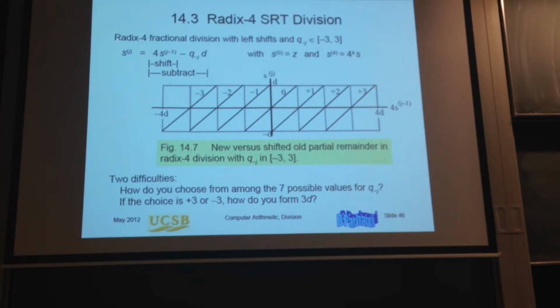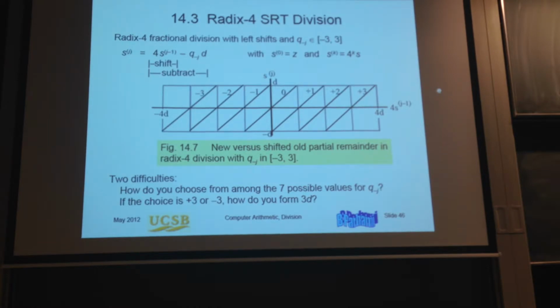Because I shift by 2 positions, I still start with a value which is between d and minus d, but my dynamic range now extends, and my maximum positive value will be 4d, and the smallest value will be minus 4d. Now, depending on where I am in here, I may have to apply different corrective subtractions in order to converge to the result.